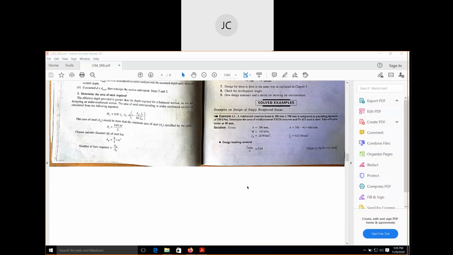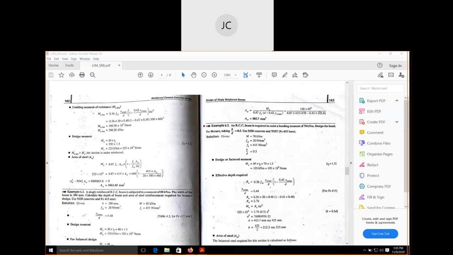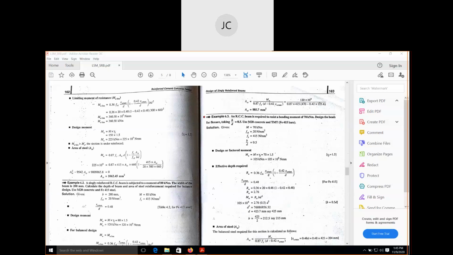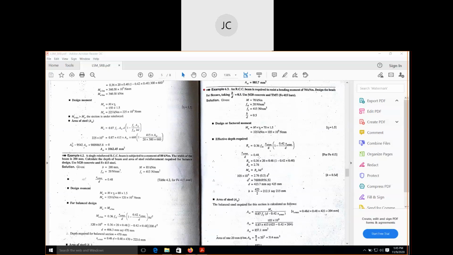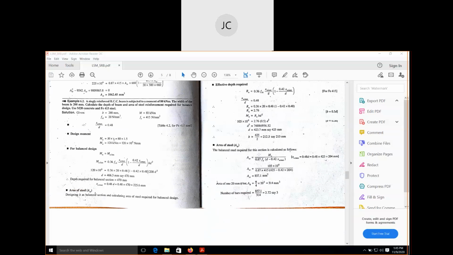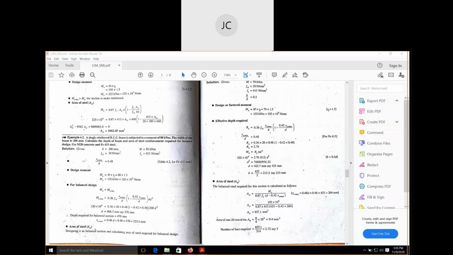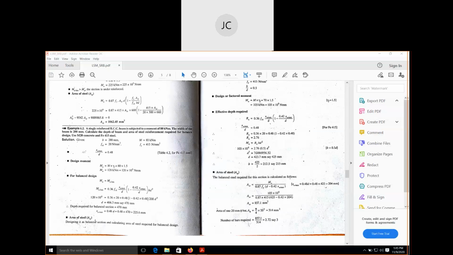Okay, so we'll just see the next one. I think example 6.3 was also discussed in the last class. So let us see the next one. It is very easy.